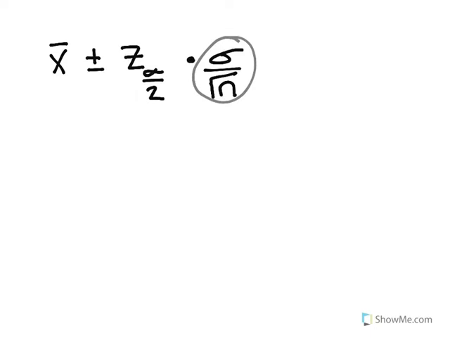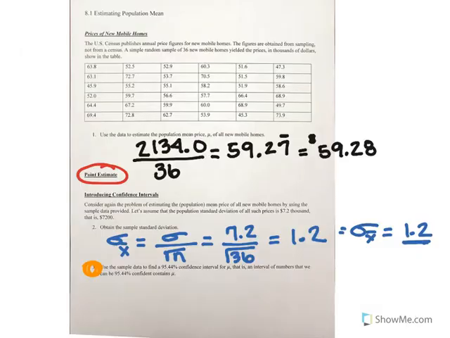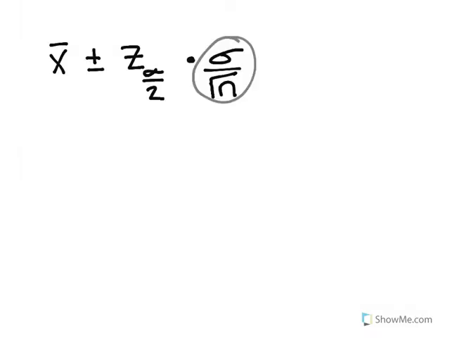That is our sample standard deviation formula. So that's going to be the population standard deviation divided by the square root of n. So let's take our information that we gathered from number 1 and number 2, and let's plug it into this formula. We know that the sample mean is 59.28. So I'm going to plug that in.